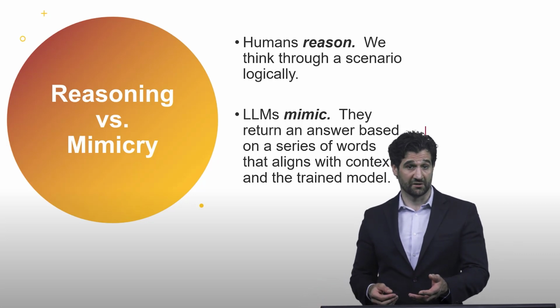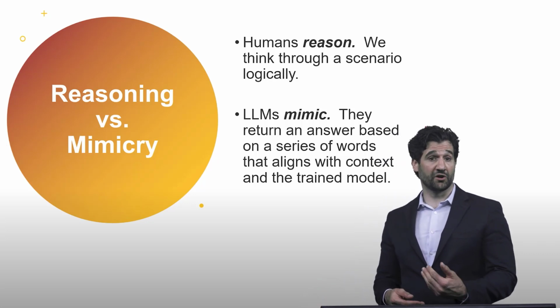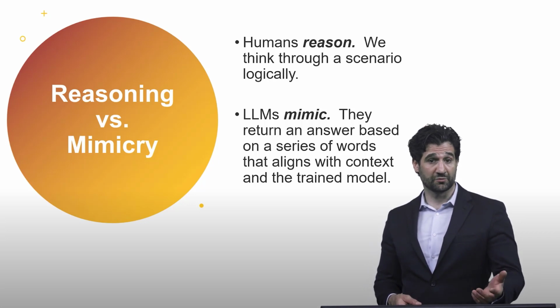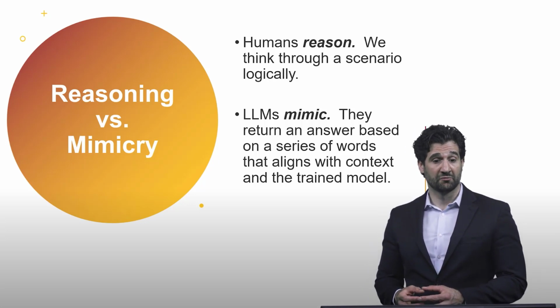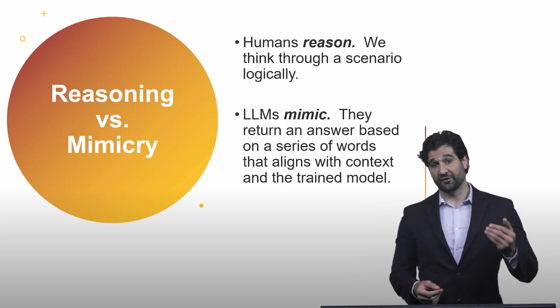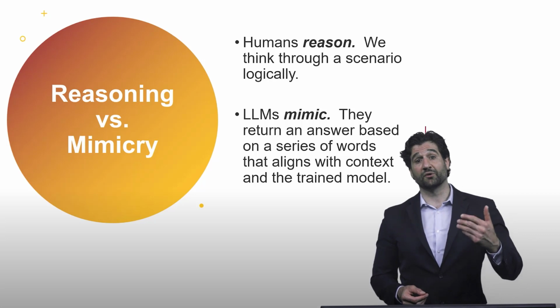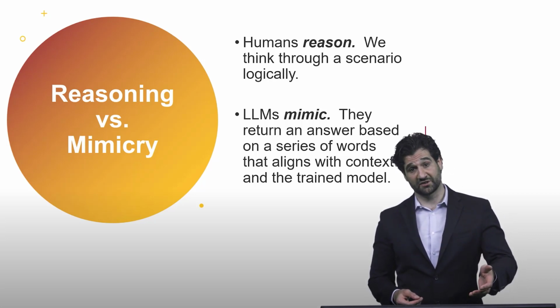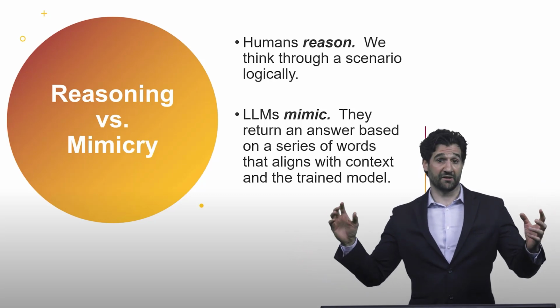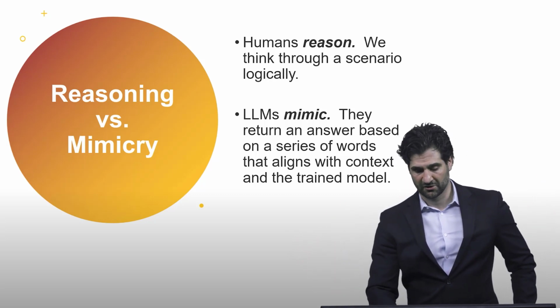They're mimicking. And because they're so good at mimicking, what they produce looks very convincing when it's presented in natural language. But we have to remember that this is not the same process that we as humans go through when we answer the same question. The underlying process is totally different between man and machine in this case.